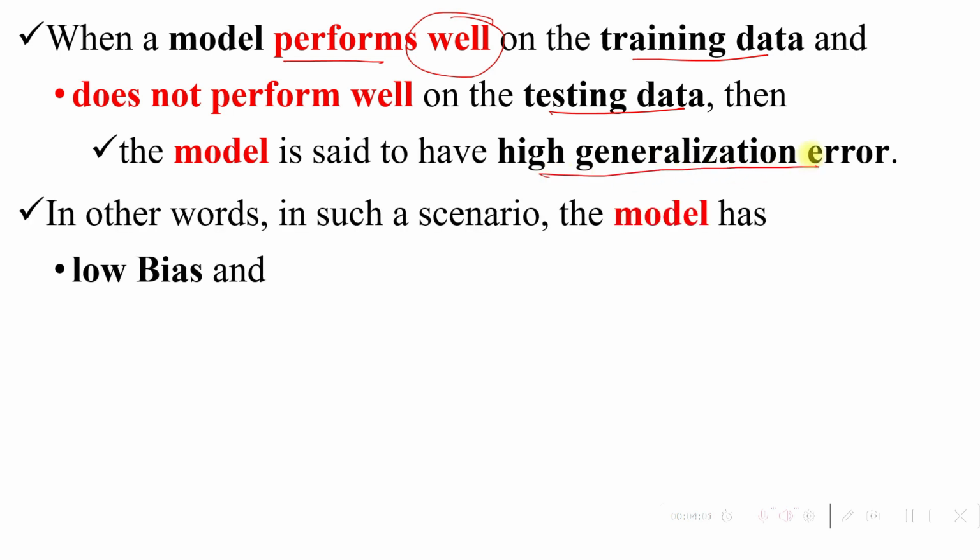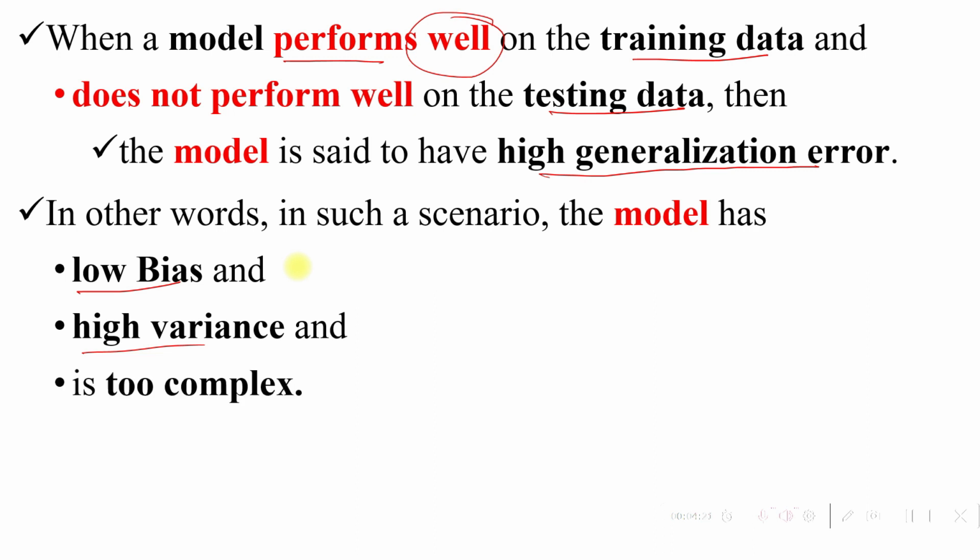So the model has low bias, meaning the difference between the actual values and the predicted values is very low, and high variance, meaning the model gives different values on different data sets. This is called high variance. The model is too complex.